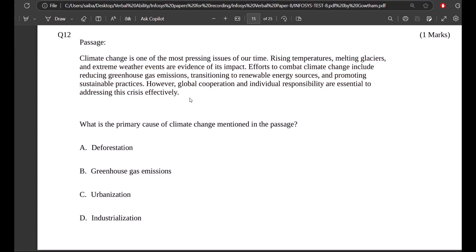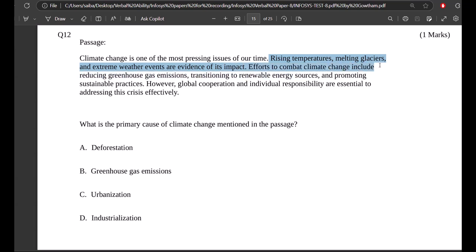What is the primary cause of climate change mentioned in the passage? So if you see here, rising temperatures, melting glaciers, and extreme weather events are evidence of its impact.